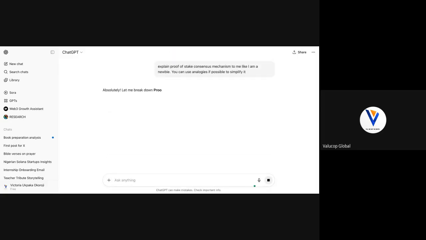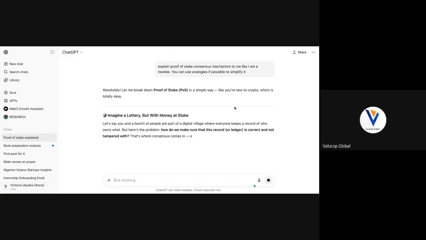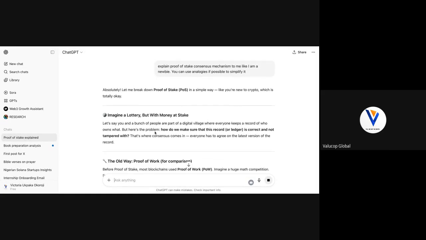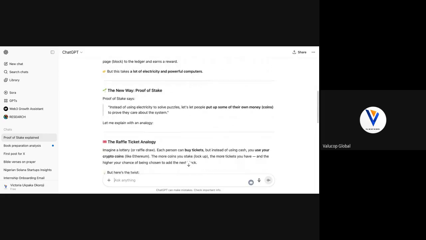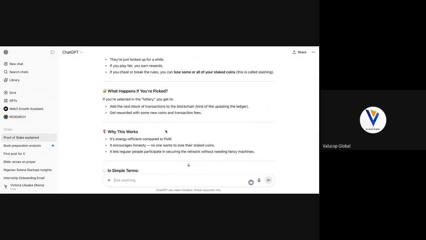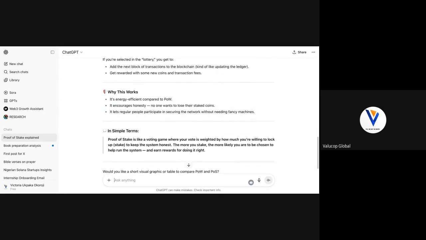So now it's explained to you. Imagine a lottery, but with money at stake. Let's say you and a bunch of people are part of a digital village where people keep the record of who owes what. See, it's explaining it. So if you don't understand it, you can still ask a question.